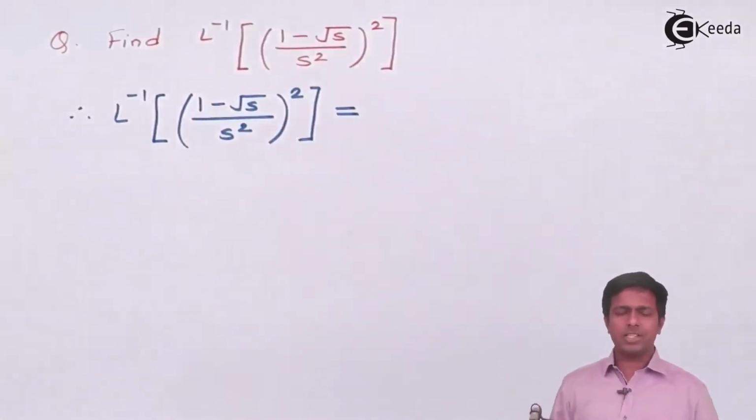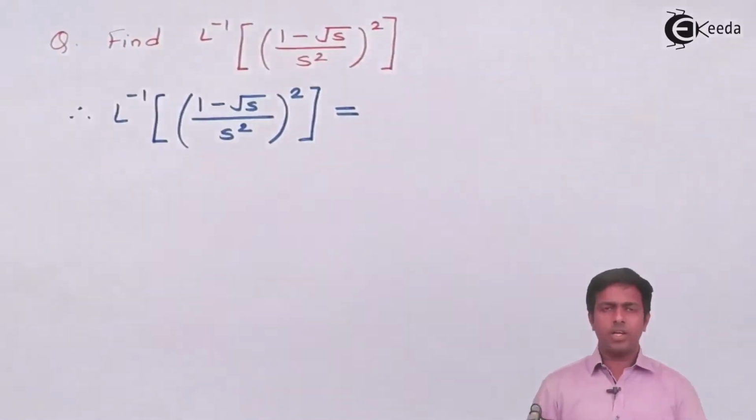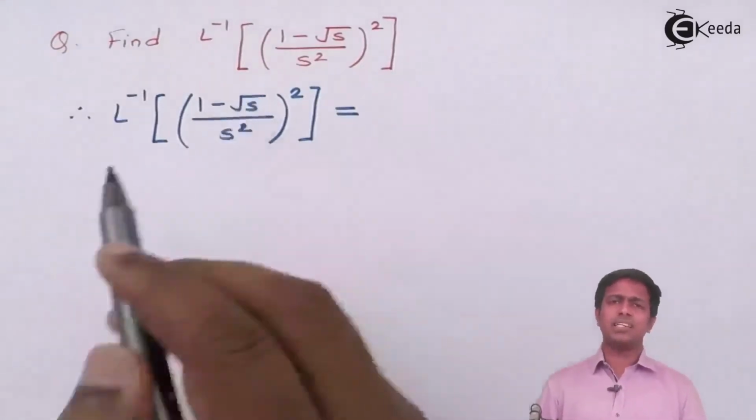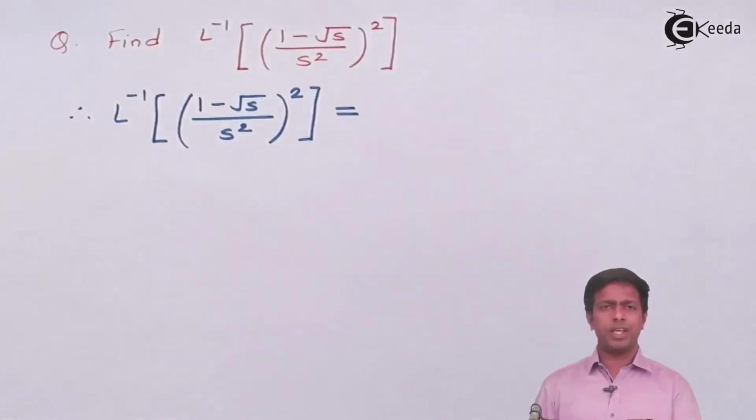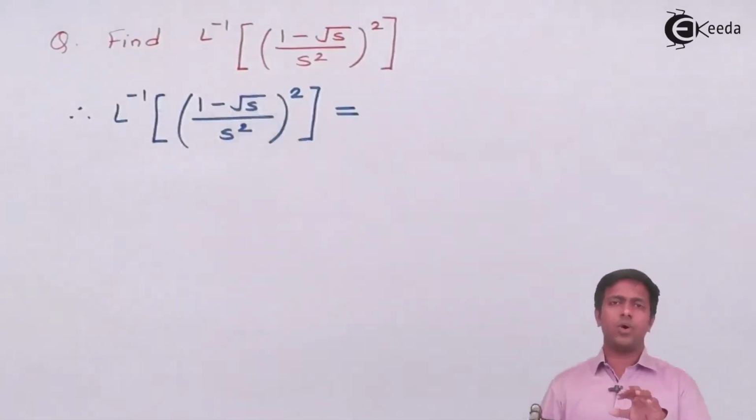Now guys, let's start with the simplification, because then only we'll be able to convert this given function such that we can apply the formula of inverse Laplace transform. So how to expand this? Here in the numerator I can see two terms, a minus b kind of, and we have square, so I'll apply the formula a minus b the whole square.